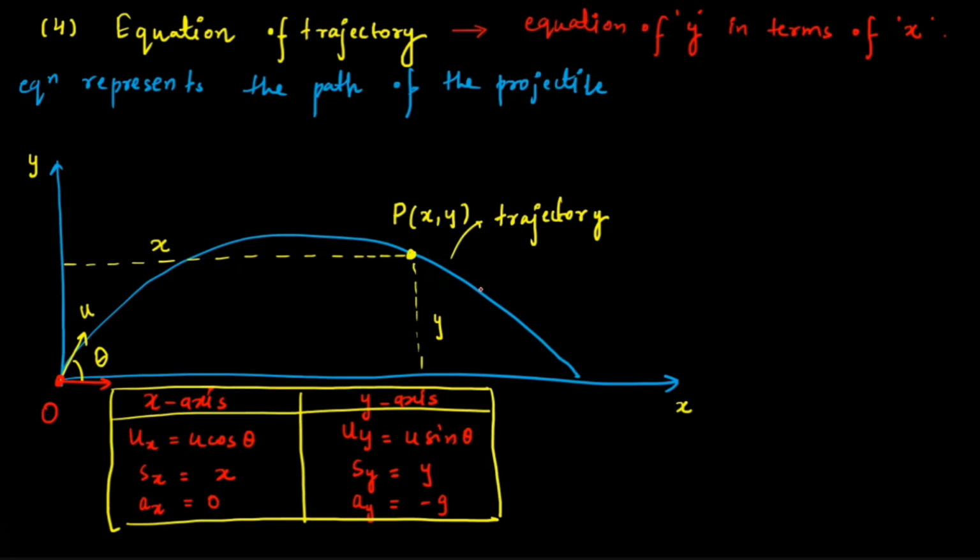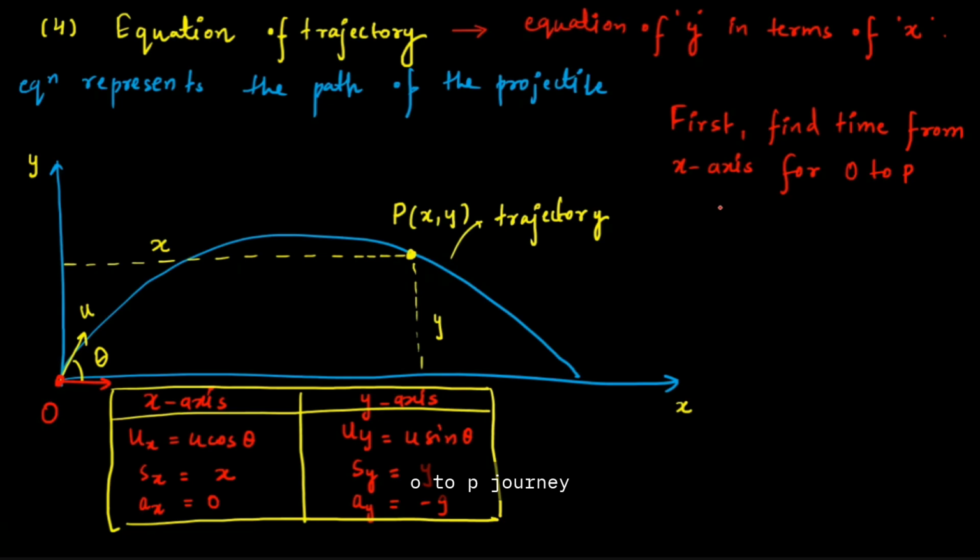If we have to do this, always remember, whenever the question says find the equation of trajectory for the given information, you are going to find time using x-axis motion, and substitute the same in y-axis motion. Let's see how we can do this. First, find time from x-axis for the O to P journey.